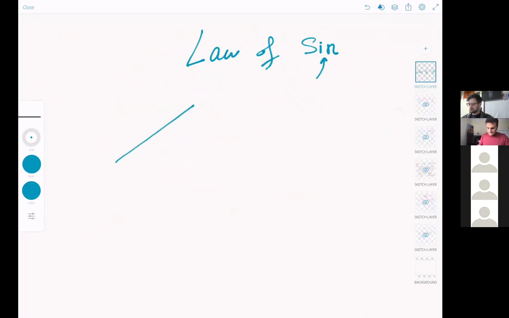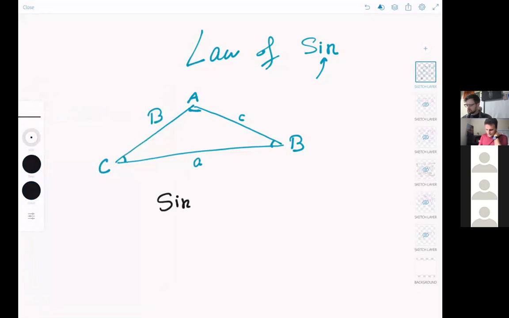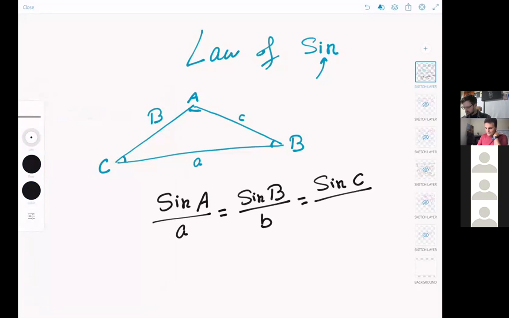For any triangle, if this is A, B, C, then the side in front of each is lowercase a, lowercase c, and this is B. For any triangle, we have sine of A over a equal to sine of B over b equal to sine of C over c. They call it law of sine.